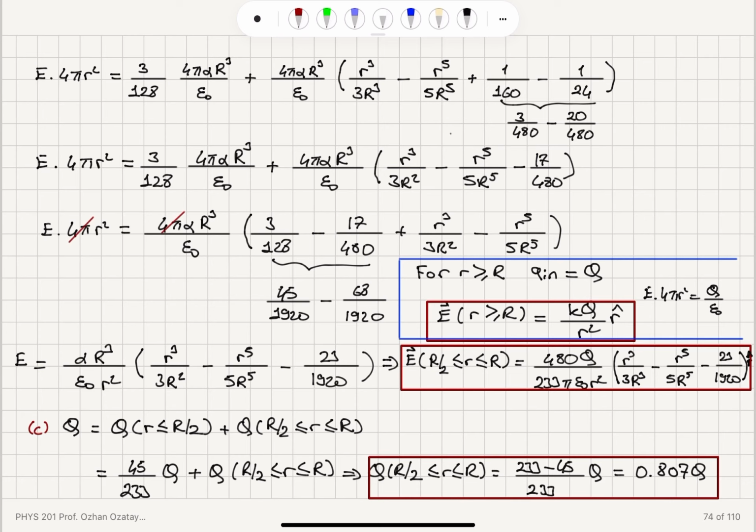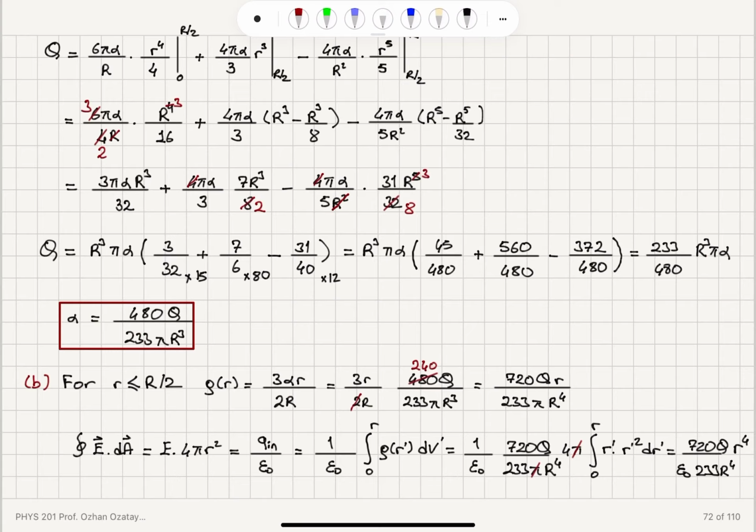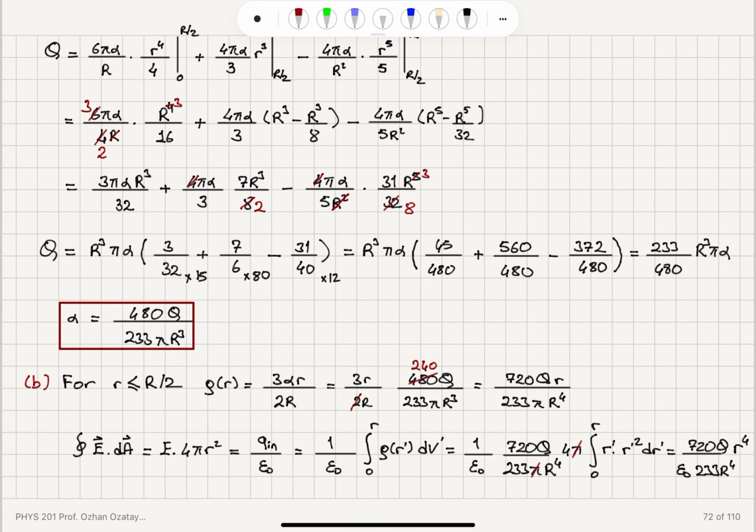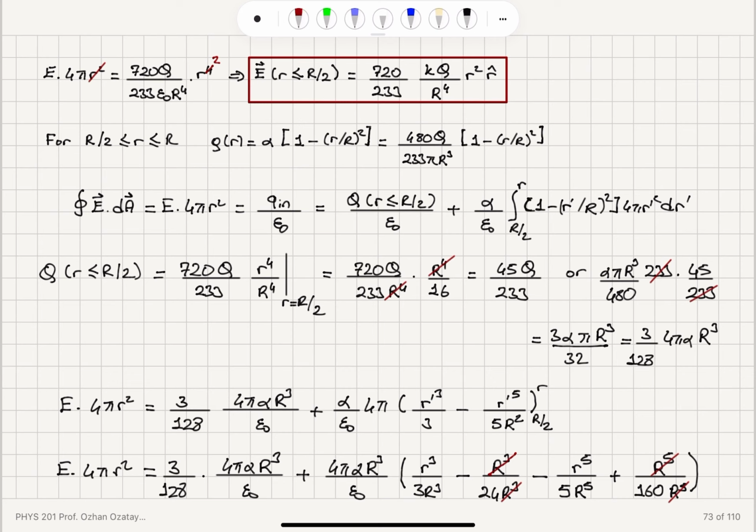Let's move on to part D of this problem. Part D asks for the magnitude of the electric field at capital R over 2. Now in part B, I have calculated the electric field for R less than or equal to capital R over 2. So if I substitute the R value here, capital R over 2, I will find the answer I'm looking for.